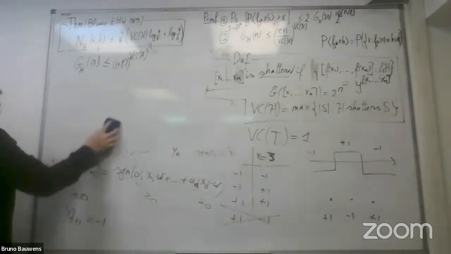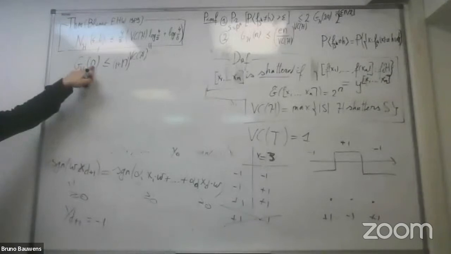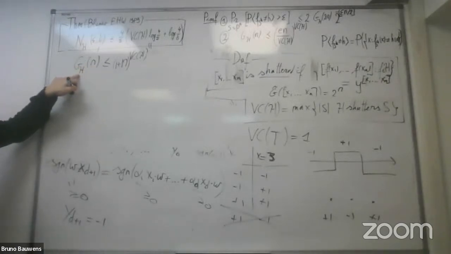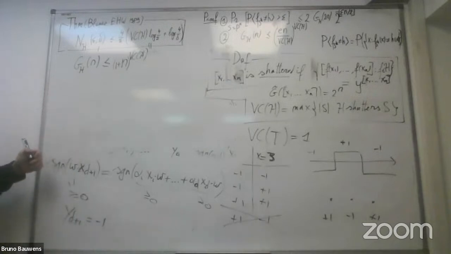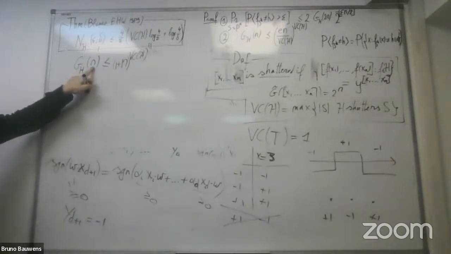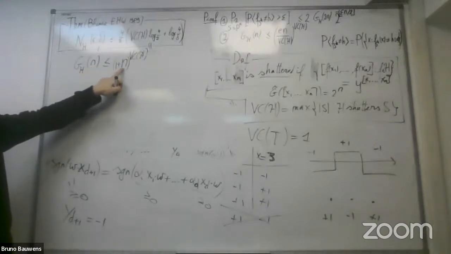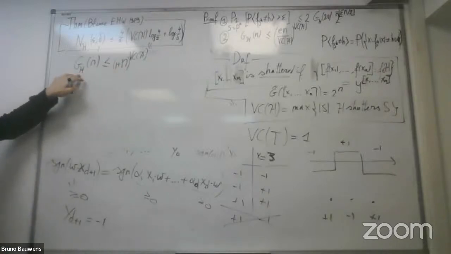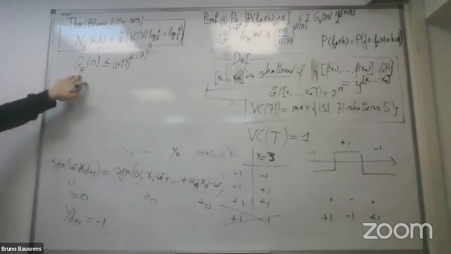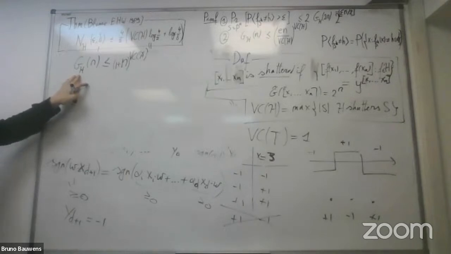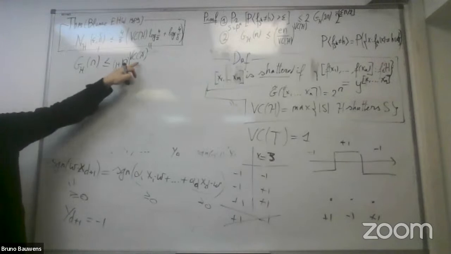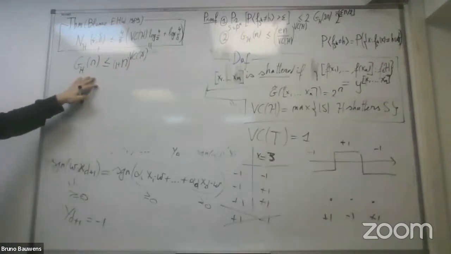So we will assume that we have proven it for a fixed value of n and all classes H. So first, if n is equal to 1, then this thing is obviously true, right? So if n is equal to 1, what is the bound on the growth function? It is 2. Yeah, it can be at most 2 because on 1 point we have at most 2 labelings. And so 1 plus 1 to the power VC dimension.